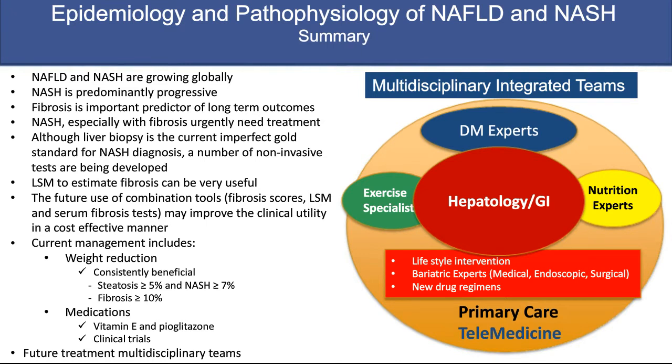If you want to look at averages, I would suspect that the progression of NASH is probably half of what you would see in hepatitis C. In fact, if you look at the incidence of hepatocellular carcinoma, the rate in NASH patients with advanced fibrosis is about 2.5%, and in hepatitis C with advanced fibrosis, it's about 5%. So it's about half of that rate.